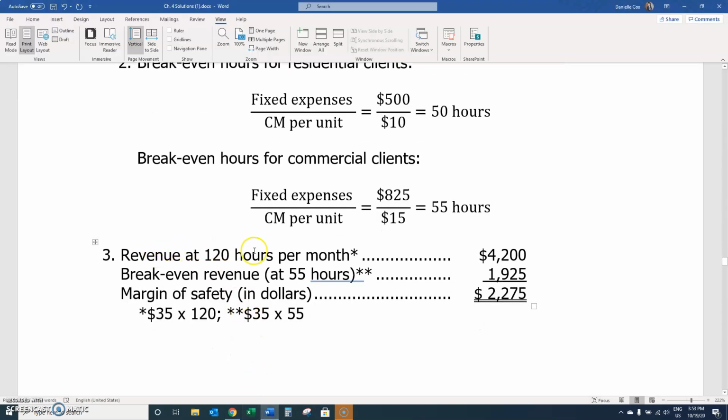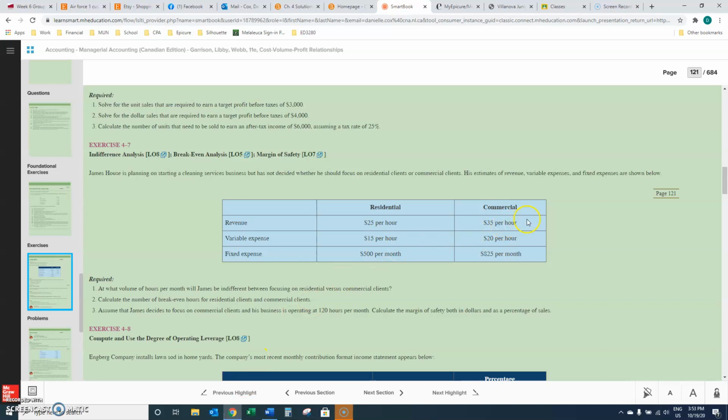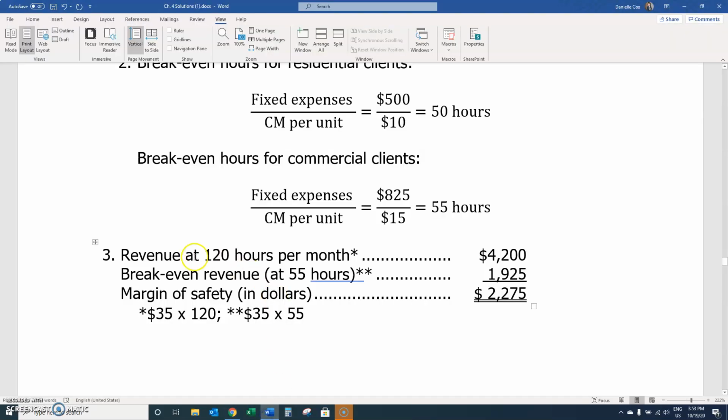So his revenue at 120 hours per month. His revenue here, $35 because he's only doing commercial. So $35 at 120 hours would give him $4,200 in revenue. We already know his break even for commercial was 55 hours.